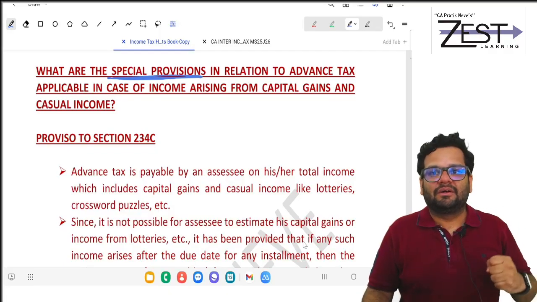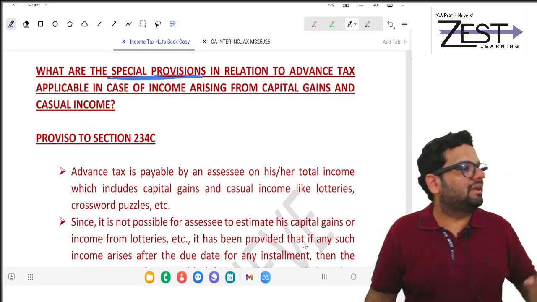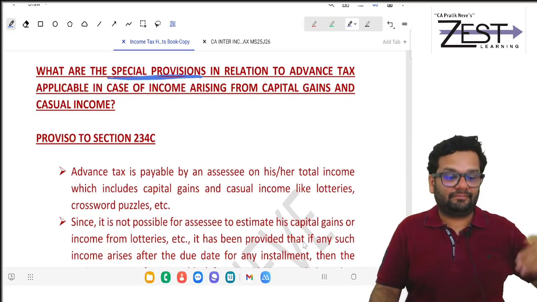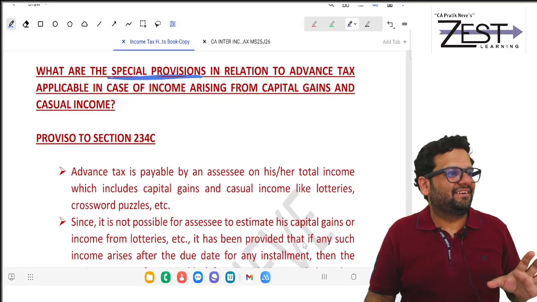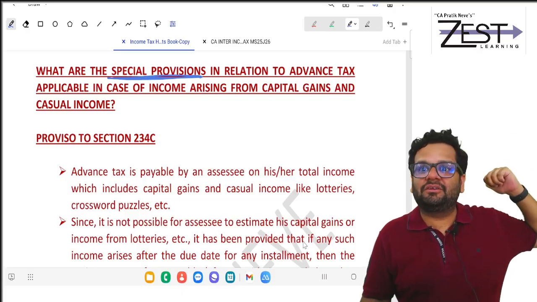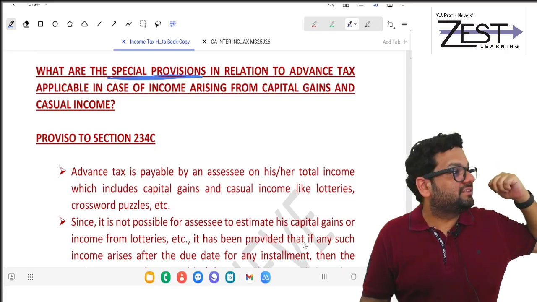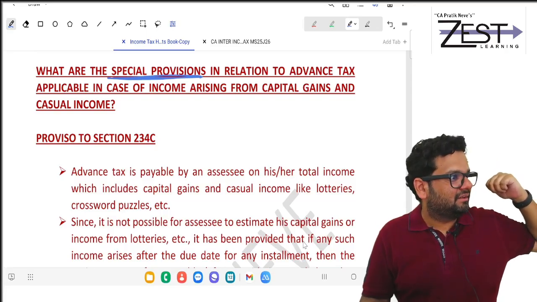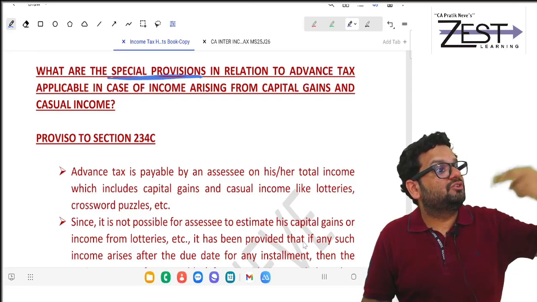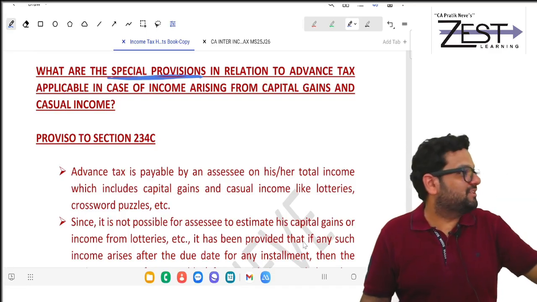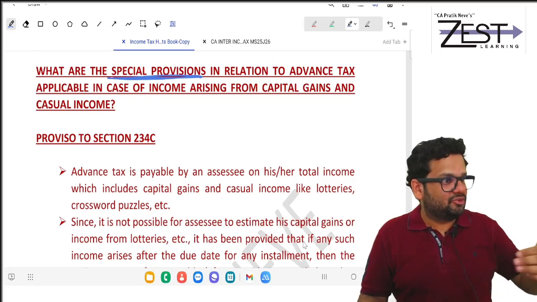Means what? See, if there is some capital gain that I am getting, say in the month of July, then first installment is already gone. That is of 15th June. So I will consider advance tax on that with effect from September's installment. Because when did I earn it? July.